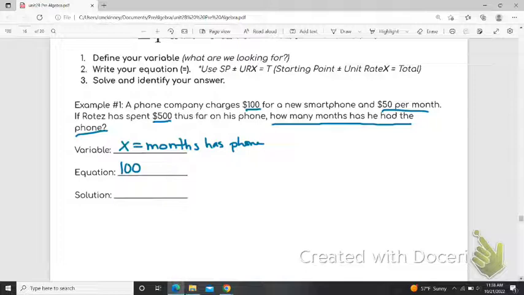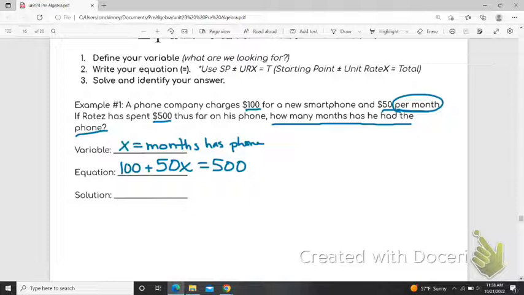Per is that unit rate. It's per month, and we have already identified that our variable is the months he's had the phone, so the 50 is what is going to go with the x. And then the total is what he has spent so far, including his services.